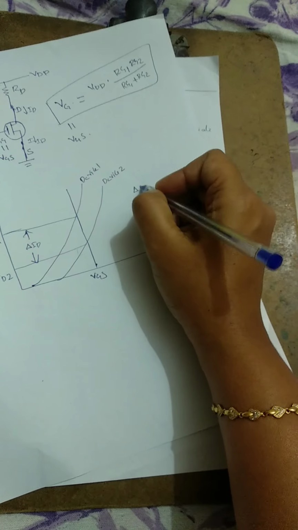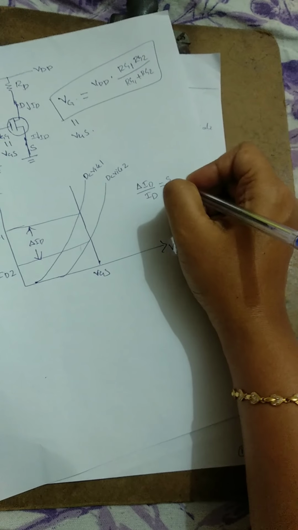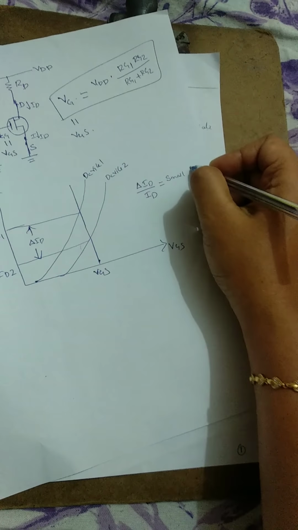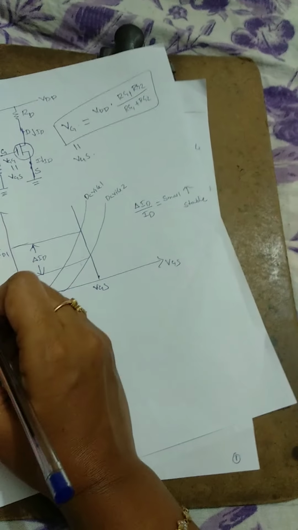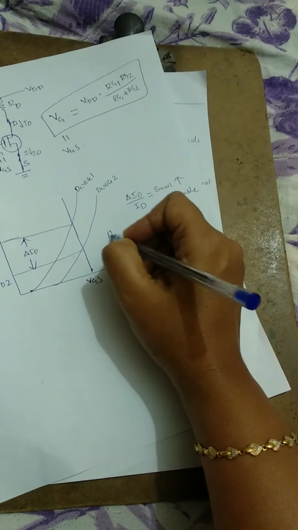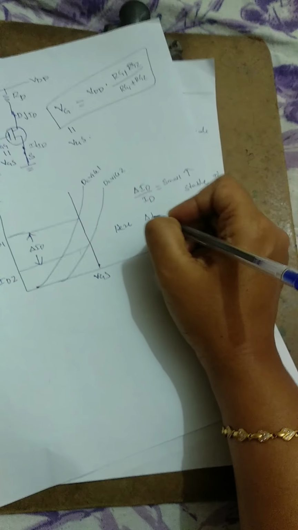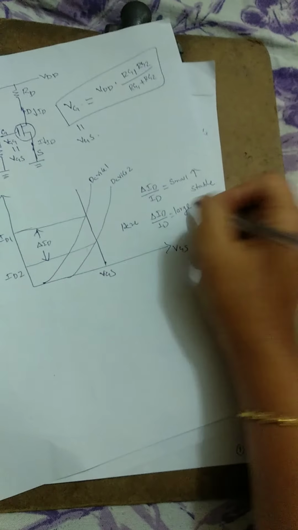We have discussed that if delta ID divided by ID is small, then we can say our circuit is stable. But here delta ID divided by ID is large.